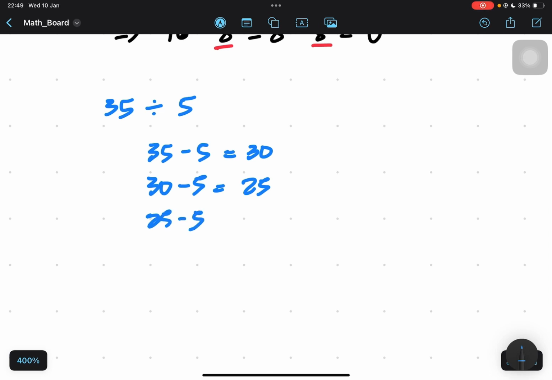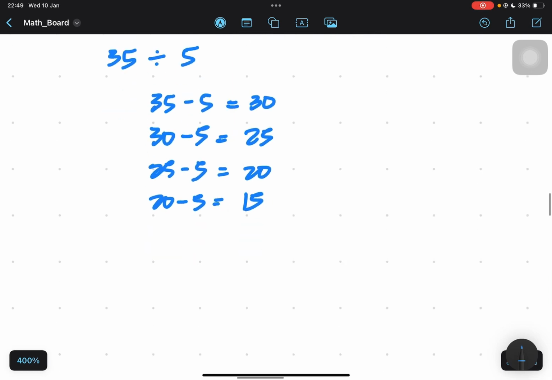25 minus 5 is equal to 20. And 20 is not equal to 0, so we deduct another 5. That is 15. And 15 is not equal to 0, so we deduct another 5, which gives 10.